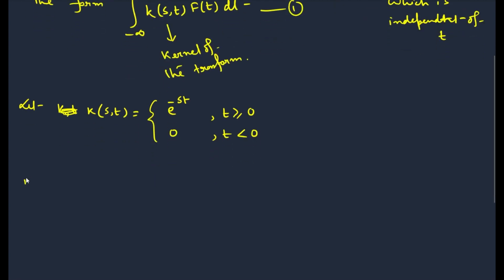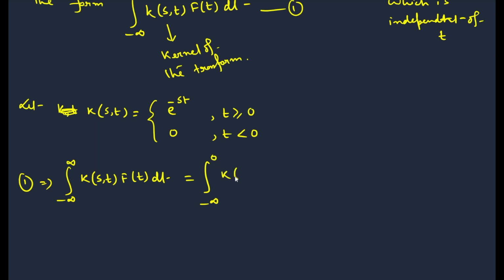Now, how can we define equation 1? It is actually the integral from minus infinity to infinity of k of s comma t, f of t dt. We can break it like this: the integral from minus infinity to 0 of k of s comma t, f of t dt, plus the integral from 0 to infinity of k of s comma t, f of t dt.